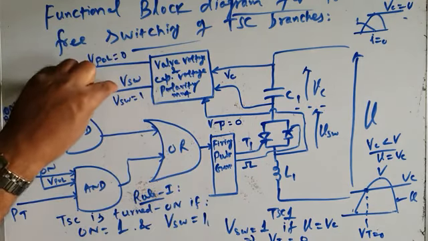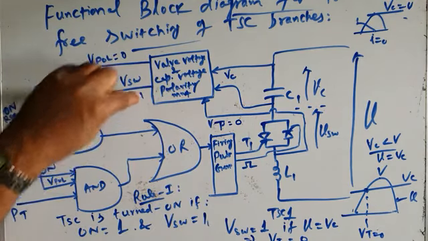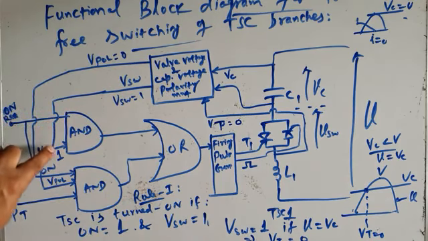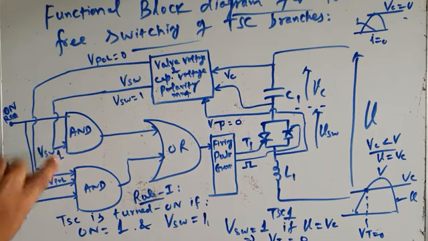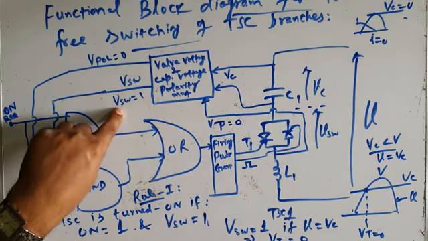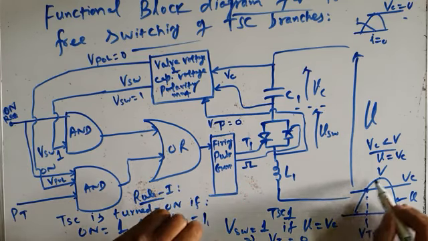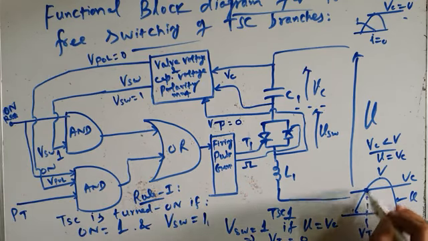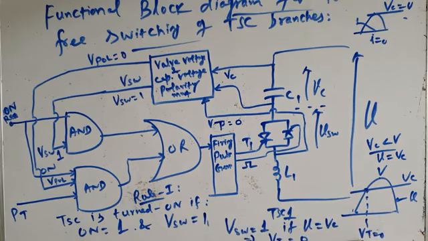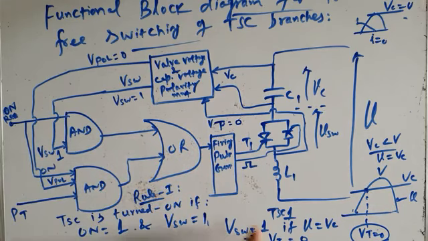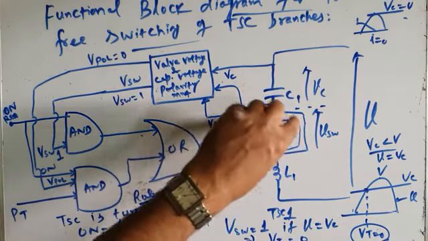Okay, it makes VSW equal to 1, and this 1 then goes, so therefore second input to the AND gate becomes 1. So VSW equal to 1 means that instantaneous value of this source voltage or instantaneous value of bus voltage has exactly become equal to capacitor voltage, that is voltage across the thyristor switch has become equal to 0. So VSW equal to 1 means that VT has become equal to 0.